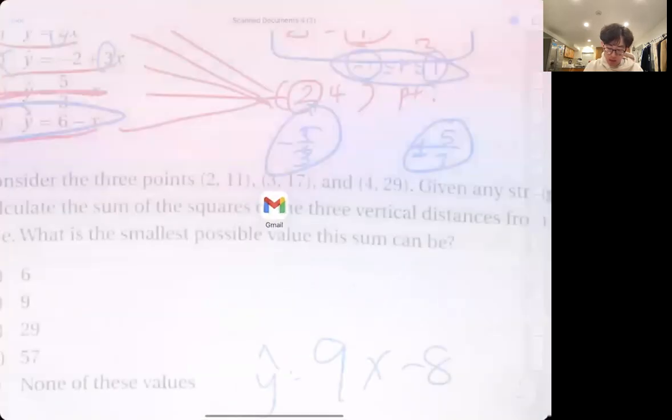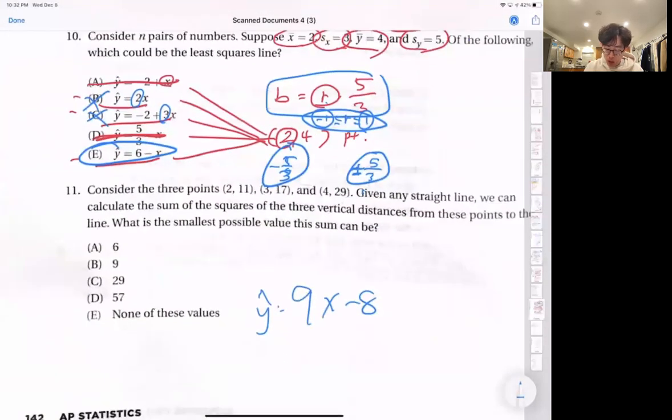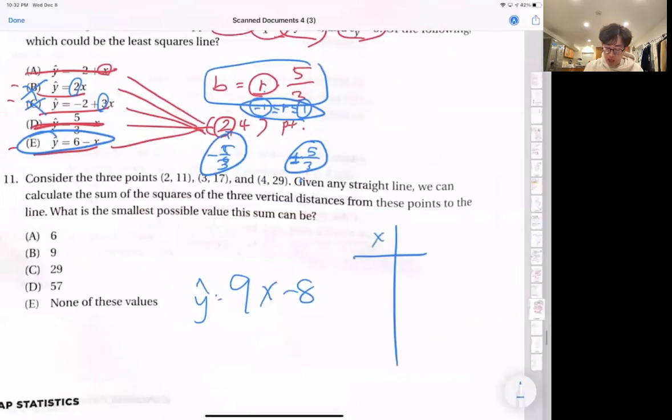So with that, I'm just going to plug in the values. X plugged in 2, I get a 10. X plugged in 3, I get 27 minus 8, which is 19. 36 minus 8, so that should be 28. The actual Y values though are 11, 17, and 29 respectively.